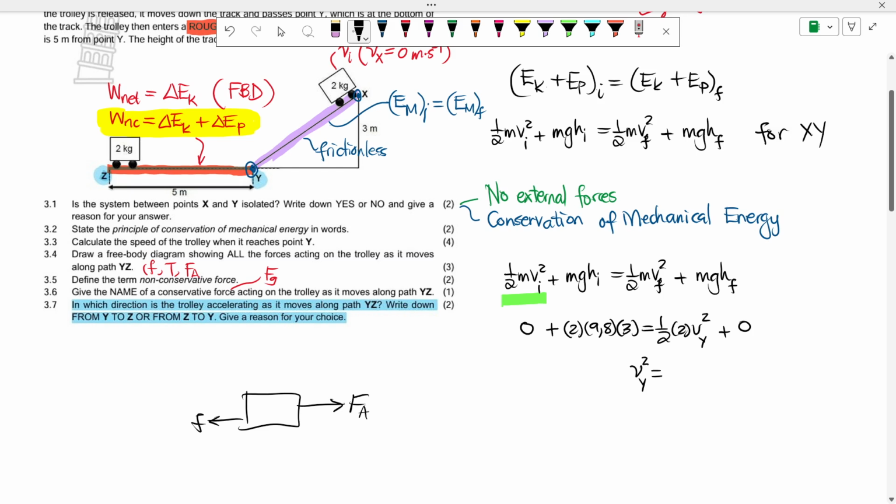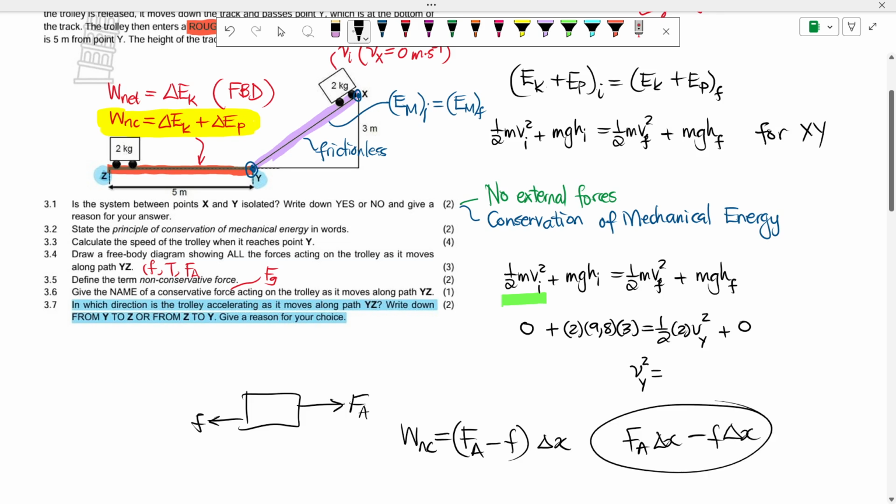What you can do on the work done by non-conservative force term is take applied force minus friction and multiply that by change in x, or we can just say force applied times change in x minus friction times change in x, and that takes care of work done by non-conservative forces. On the other side is just change in kinetic energy plus change in potential energy.